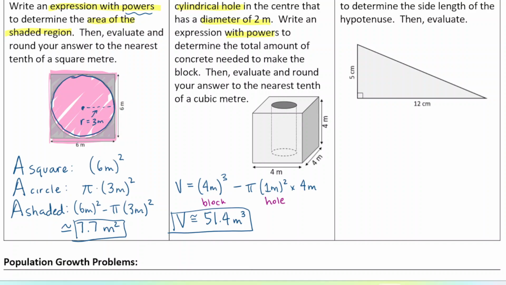Okay, write an expression with powers to determine the side length of the hypotenuse. So hopefully you've learned the Pythagorean theorem before. The Pythagorean theorem says that a squared plus b squared equals c squared.